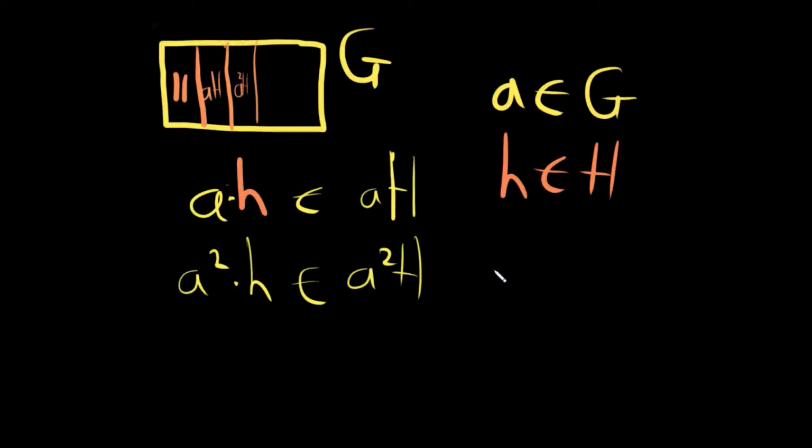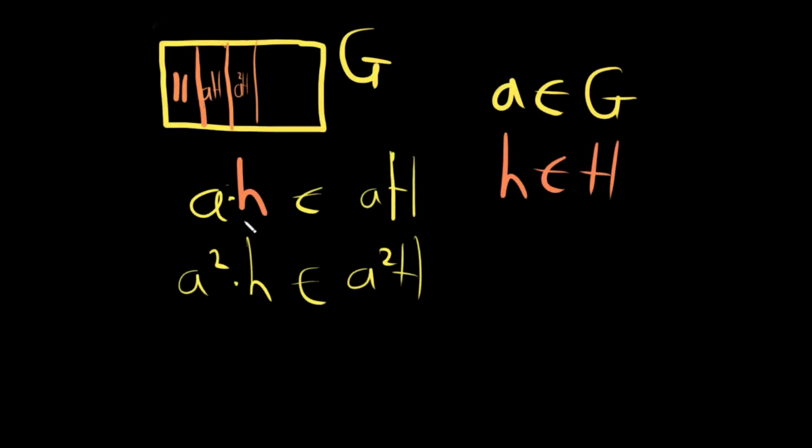The proof of Lagrange's theorem is simply to recognise that when we partition G into these various cosets, the number of cosets times the number of elements in H will be the number of elements in G, because all of these are subsets of G that have the same number of elements.